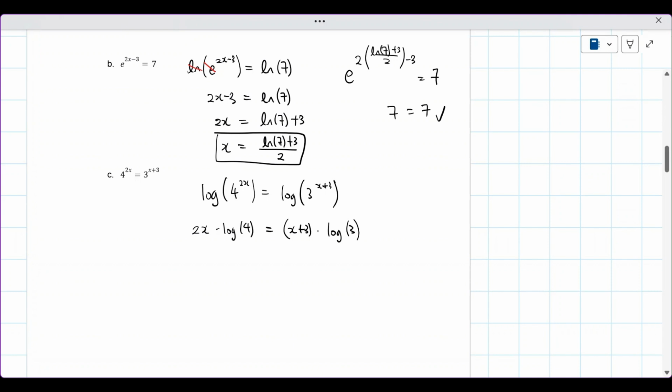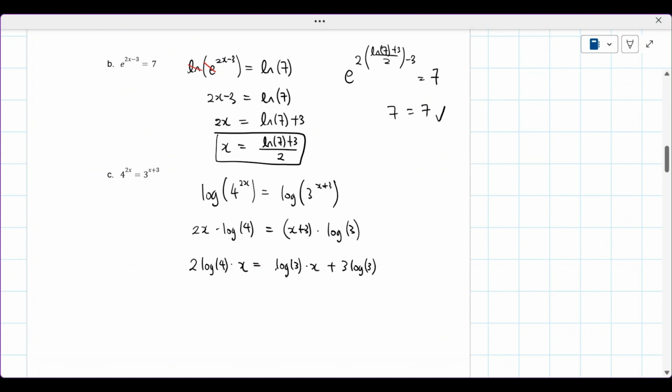Like this. Now, it doesn't look like one, but we're dealing with a linear equation because our variables have no powers. So now let's collect like terms. It's going to be 2 log of 4 times x equals, expand the right hand side, log of 3 times x plus 3 log of 3.